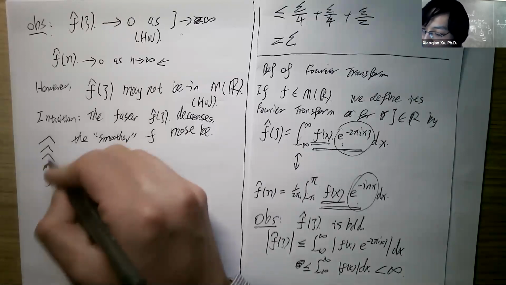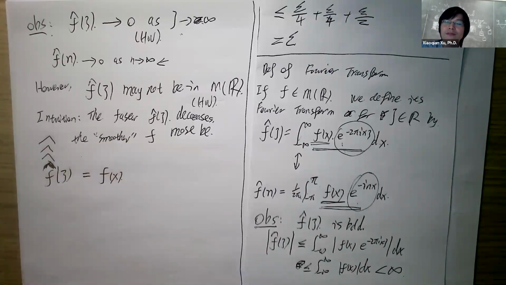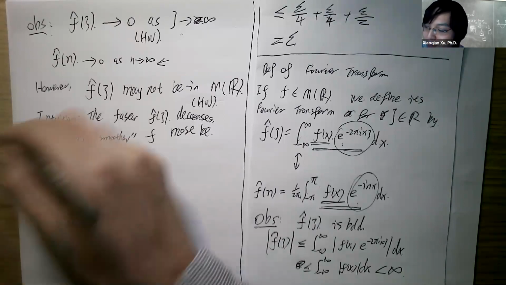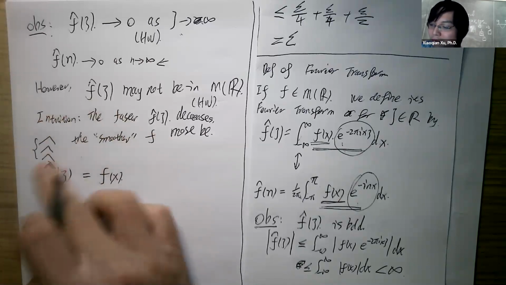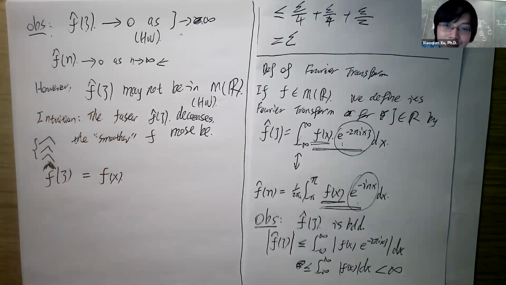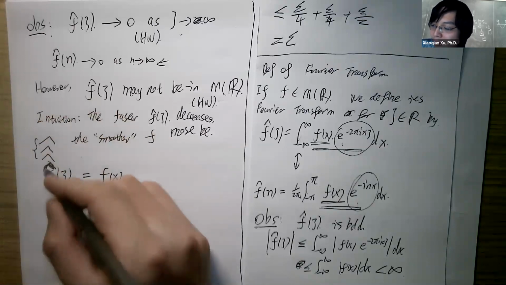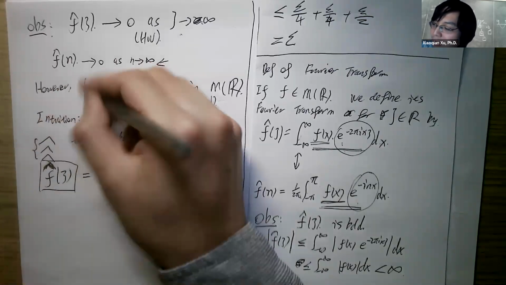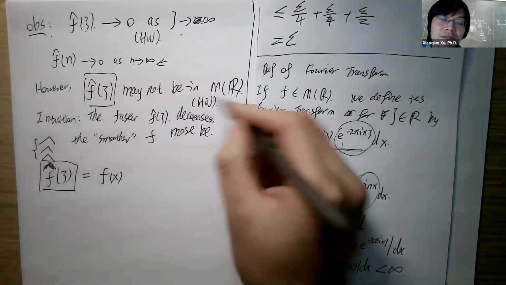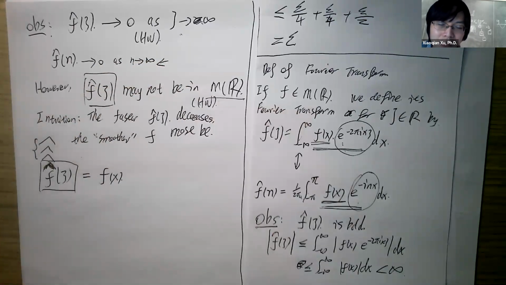We still want our original function or original solution, right? So which means we may want to take more than one Fourier transform of your function, or at least take the so-called inverse Fourier transform, which is you take the Fourier transform 3 times to your Fourier transform of your function. But if this function is not good enough, if this function is not in this module of decreasing functions, then we cannot really do the Fourier transform, right?